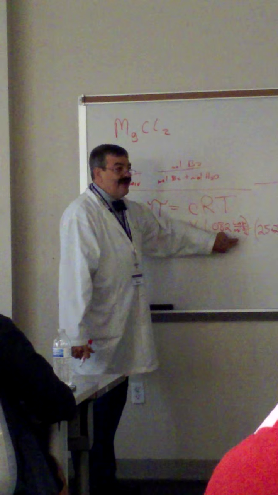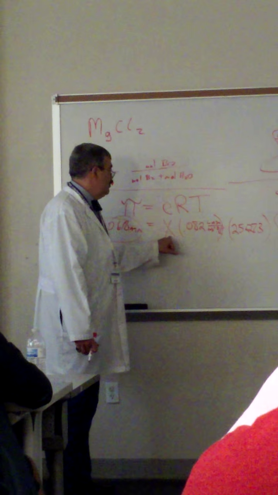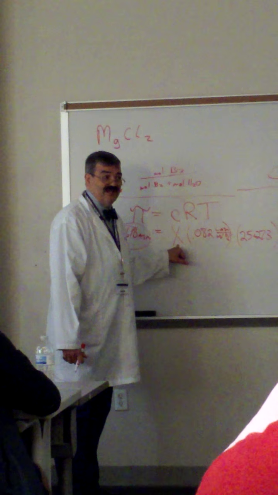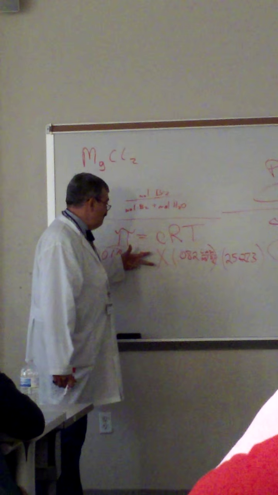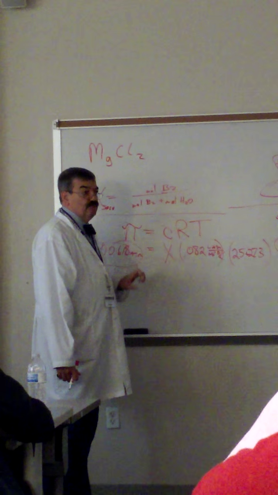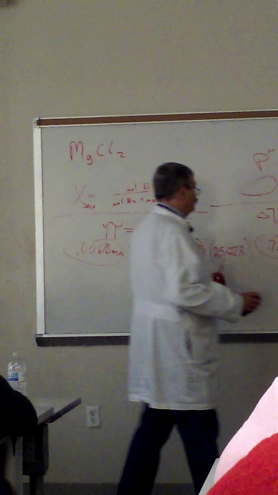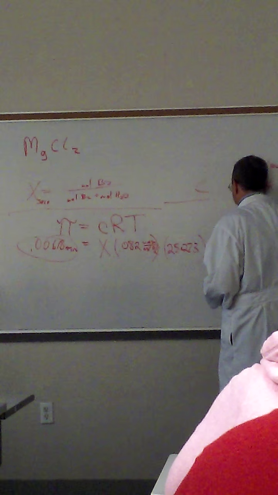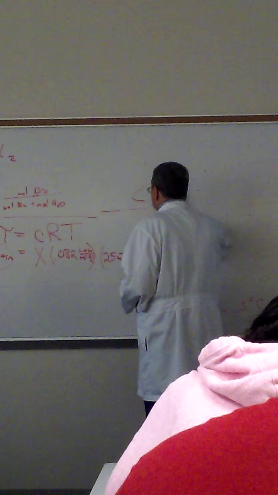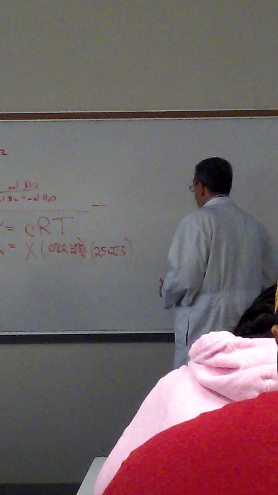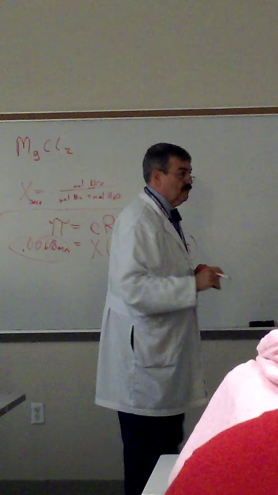And because I know the units for R, I can figure out what the units for C are. This is equal to moles per liter. So you get X, whatever the number is.